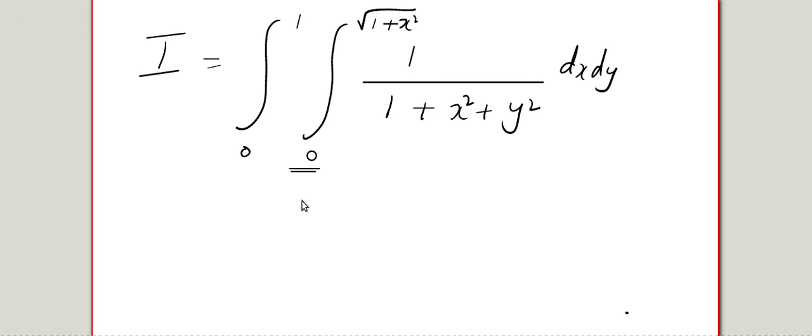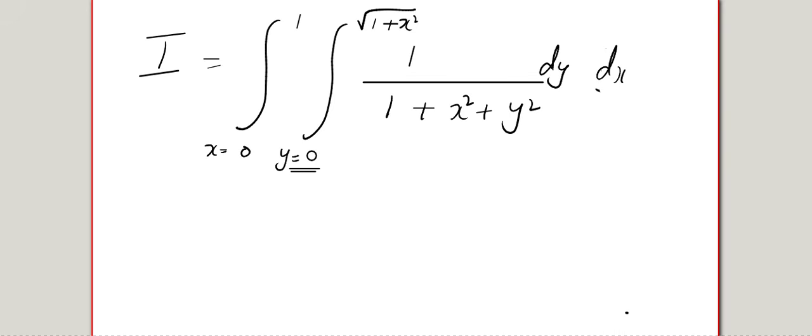And from our past experience we can understand that if the inner integral is written in terms of x, then definitely the inner integral belongs to y. And of course that means this belongs to x. And that means the order should be dy dx.